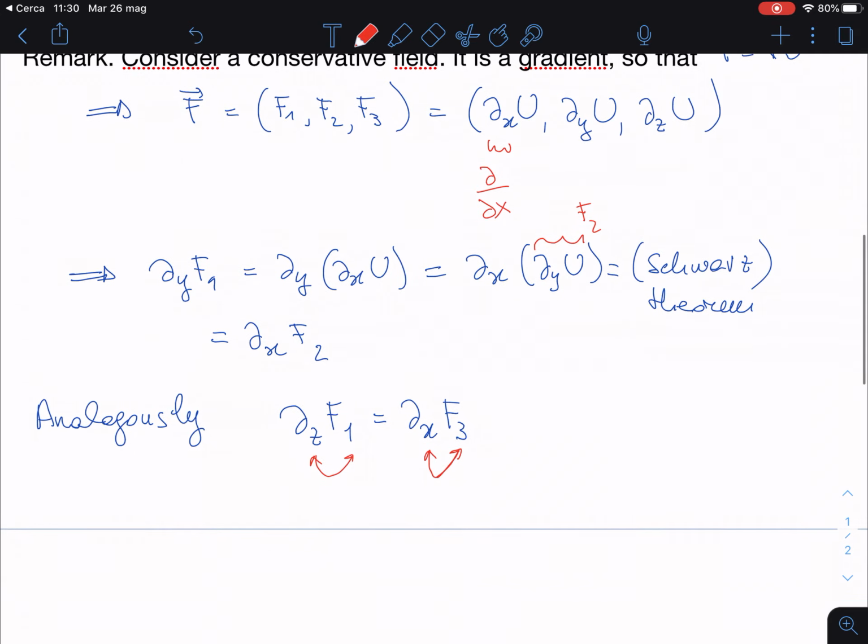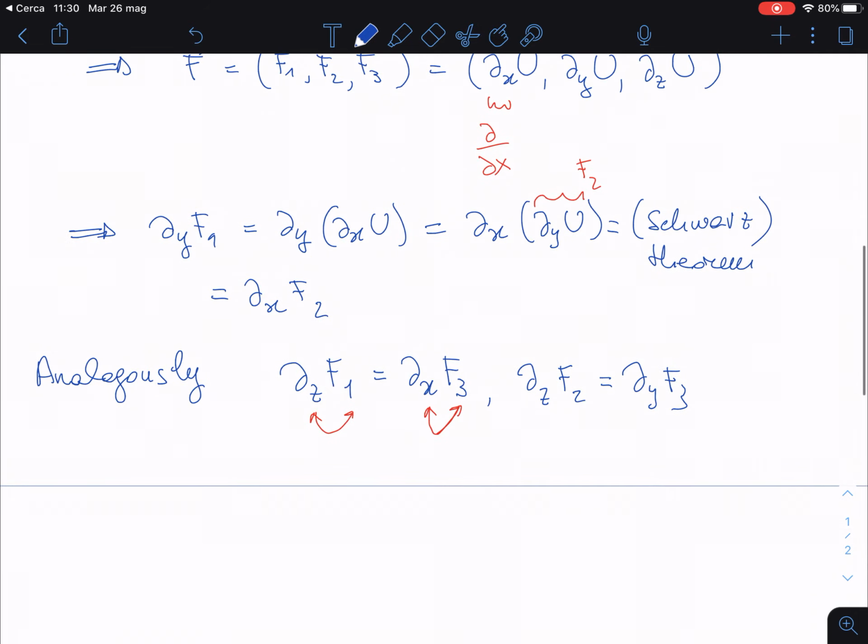And then you have dz f2 is equal to dy f3. And so you have these three rules.